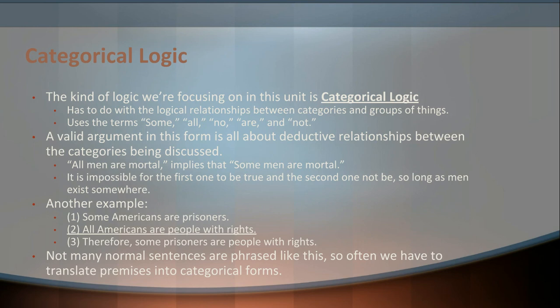We can also say things about smaller groups of things. We might talk about how all men are mortal implies that some men are mortal. We might say that the fact that some immigrants are criminals doesn't mean that all immigrants are criminals, and so on and so forth.